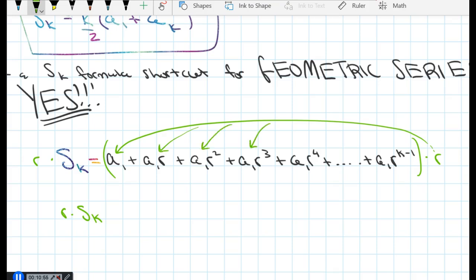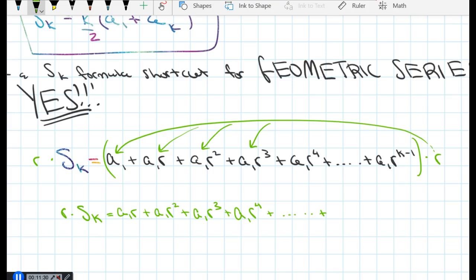So a sub 1 becomes a sub 1 times r. The second term becomes plus a sub 1 times r squared, plus a sub 1 times r cubed, plus a sub 1 times r to the fourth, plus all the way through, I'm not going to write this one, that would be a sub 1 times r to the fifth, plus, now listen, this was a sub 1 times r to the k minus 1.